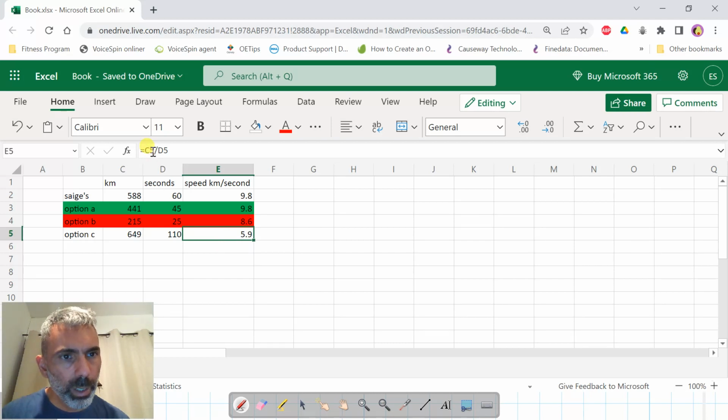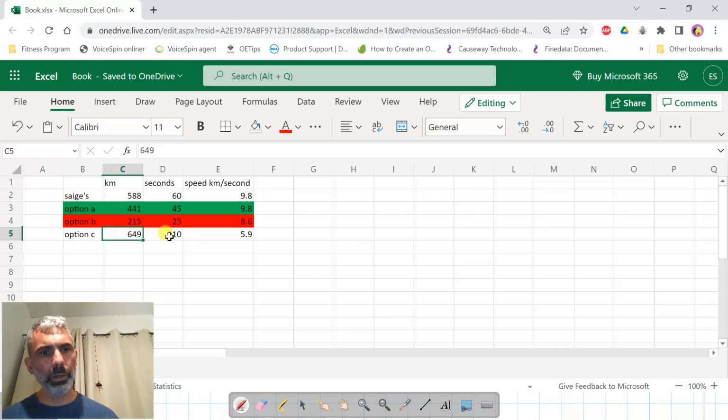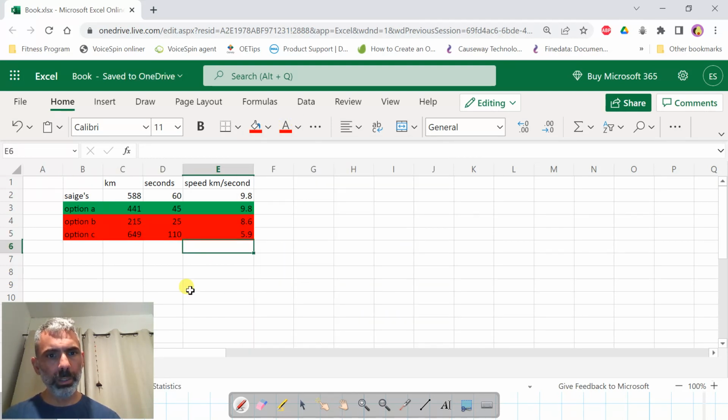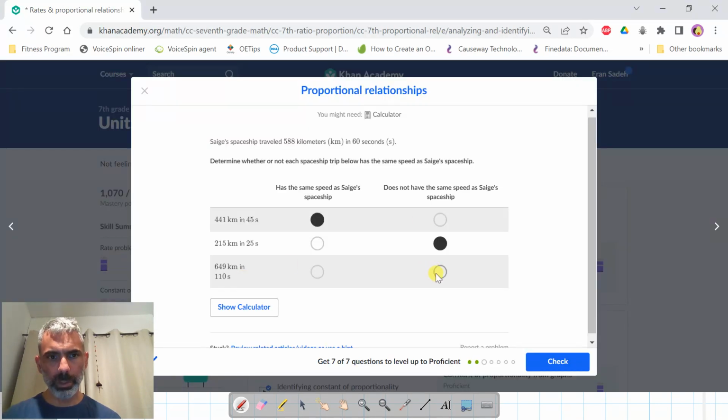Okay, so here again we divide cell C5 divided by D5. So 649 divided by 110 gives us 5.9, which is not the same speed as Cygnus spaceship. So option C is incorrect. Option C does not have the same speed.